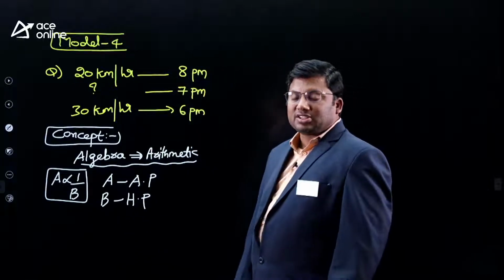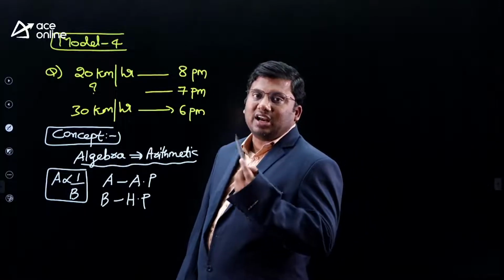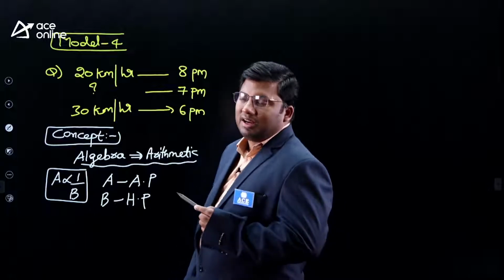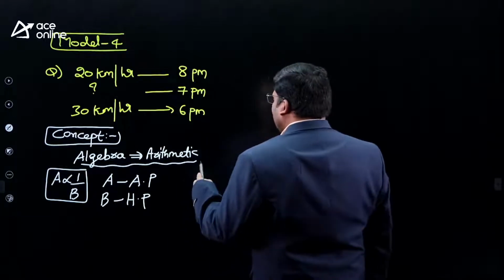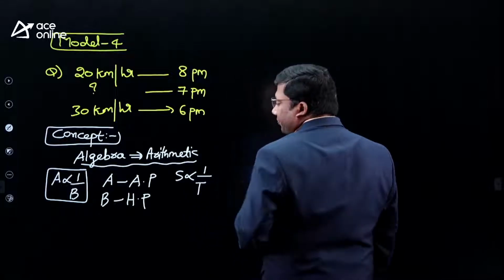Any two parameters, if they are inversely proportional to each other, if one is in arithmetic progression, the second will be in harmonic progression.